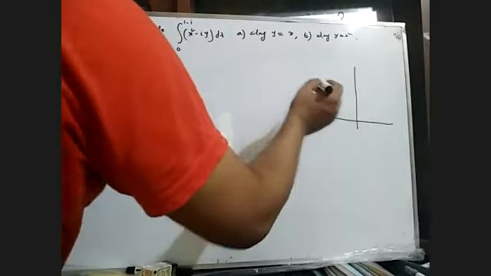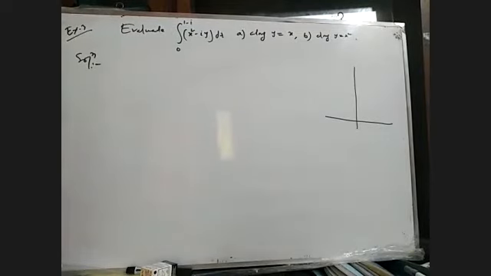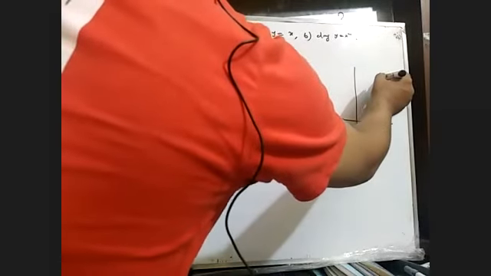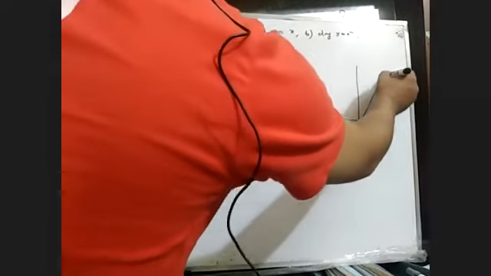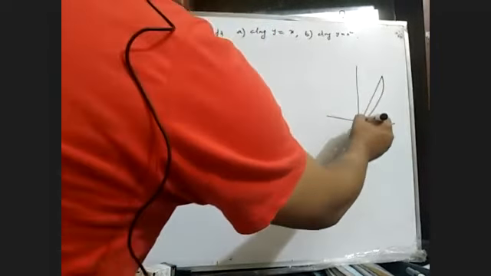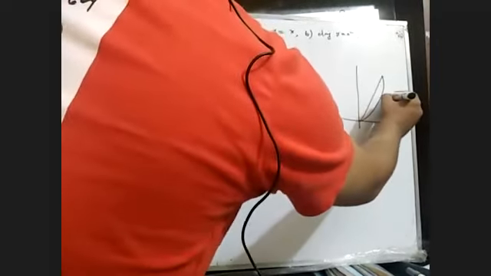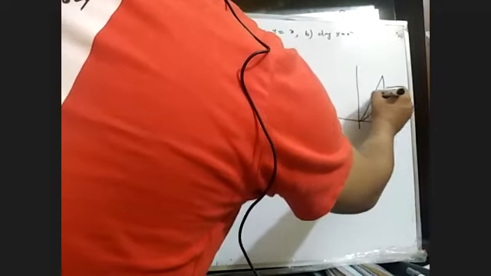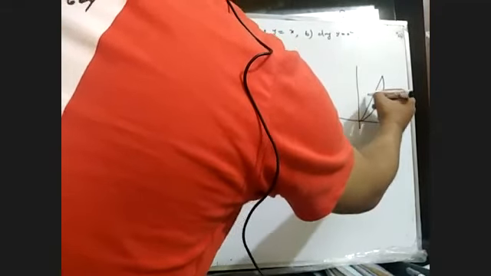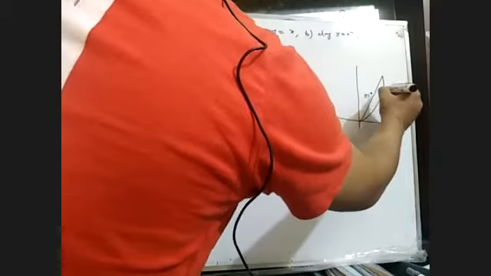We have drawn this one in earlier example. So y equals to x line will be like this, and y equals to x square line will be like this.